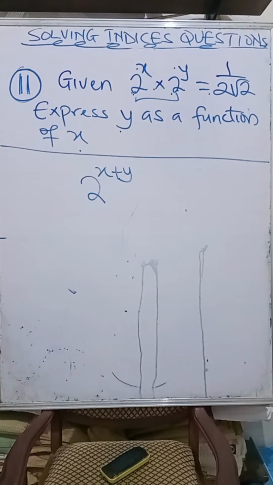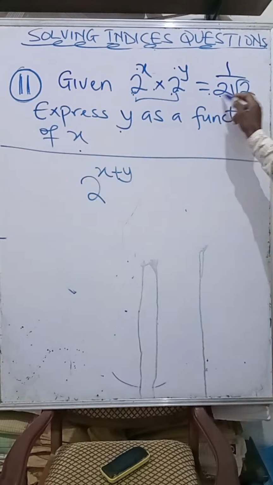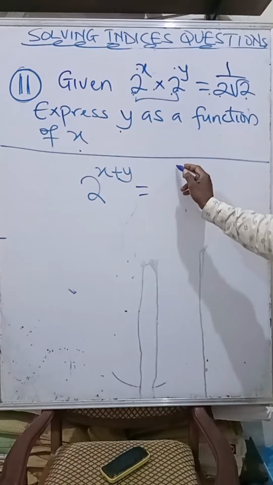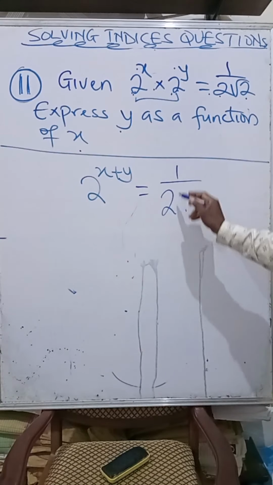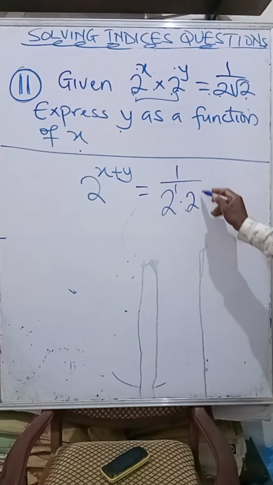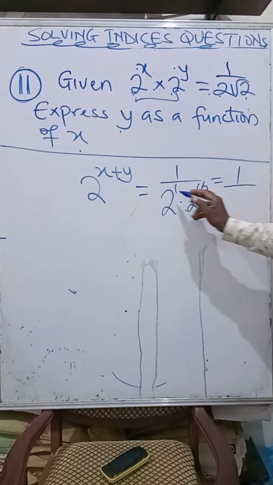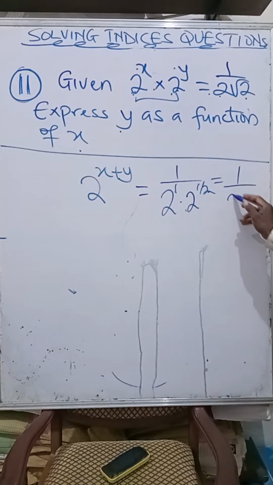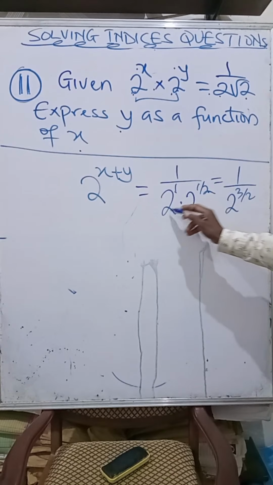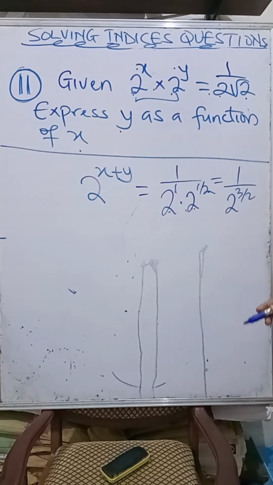Then we can also combine these two together. That will be 1 over 2 to the power 1 times 2 to the power half. And that will be equal to what? 1 over 1 plus half. That's 3 over 2. Here also we are multiplying, so you take one of the bases and you add the power together.